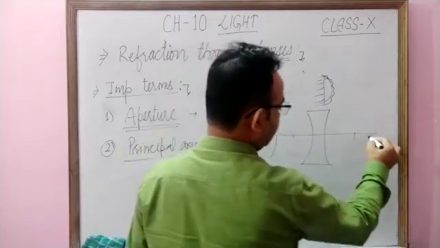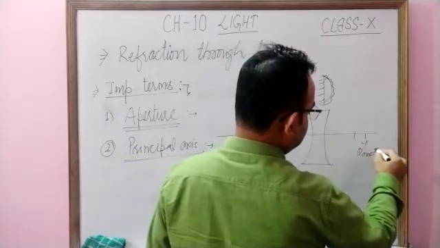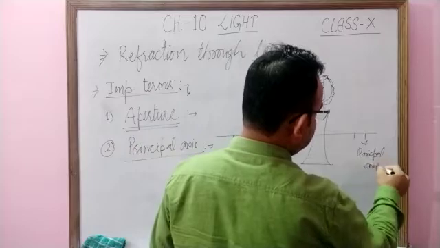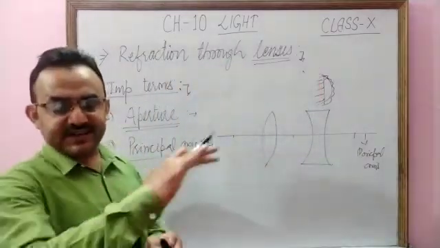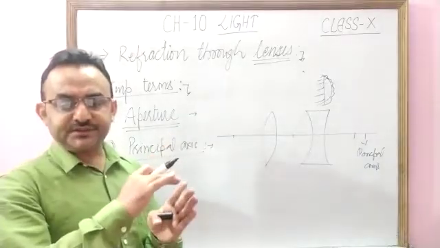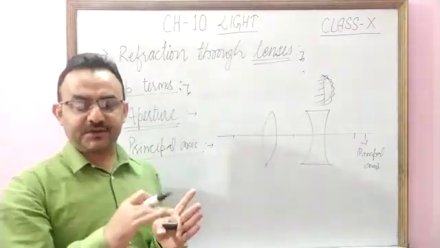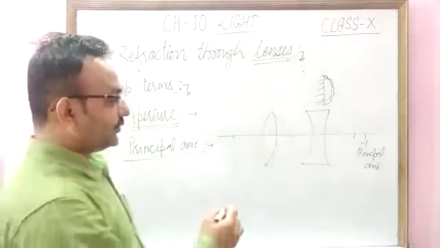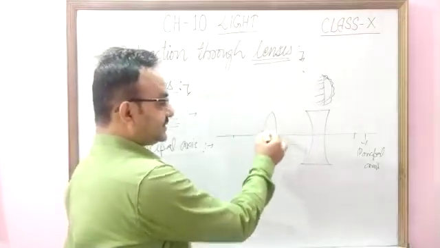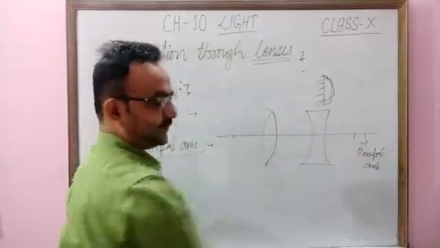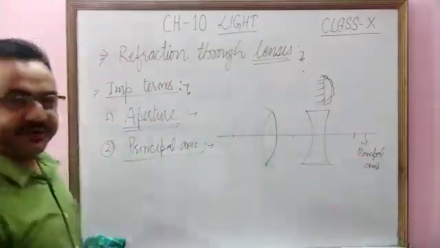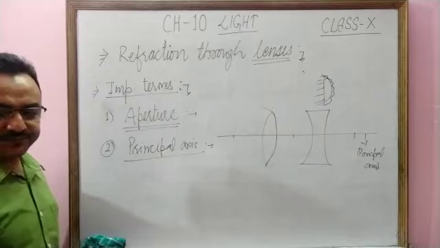This one line is known as principal axis. A straight line passing through the centers of curvature of two spherical surfaces is known as principal axis.